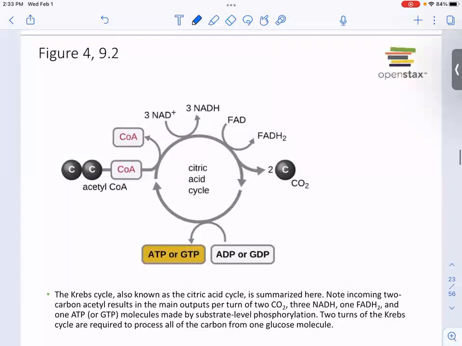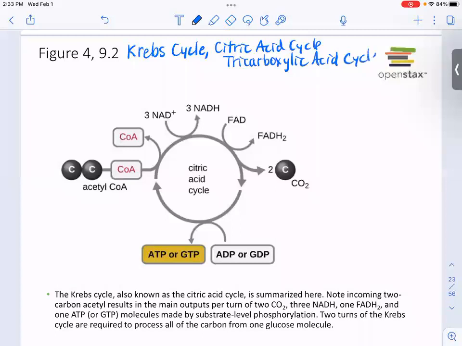All right, so here's an overview of the Krebs cycle. And you notice that they labeled it citric acid cycle. Krebs cycle has many names. Krebs cycle, citric acid cycle, or even the tricarboxylic acid cycle, TCA cycle.